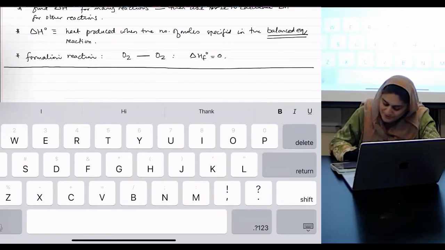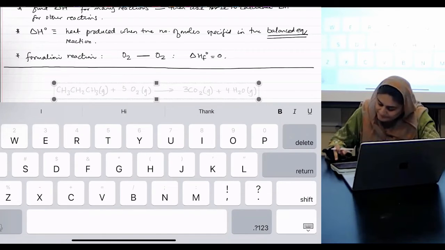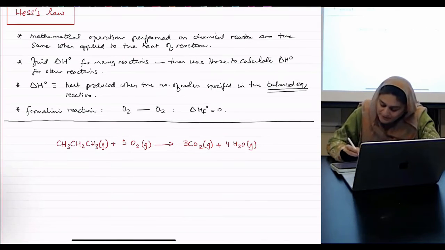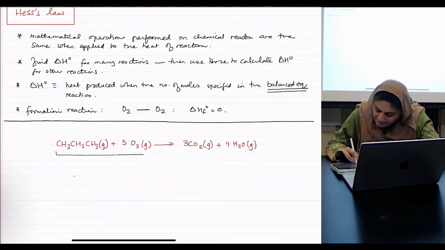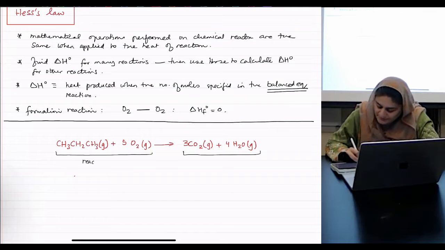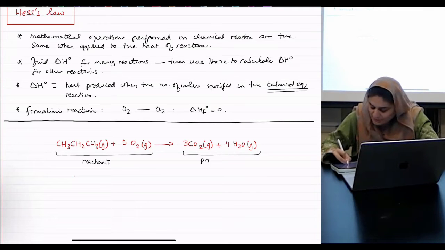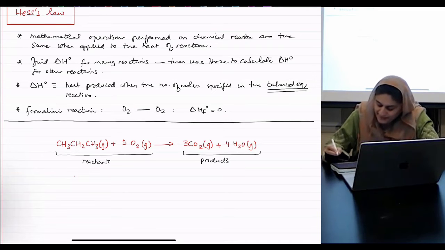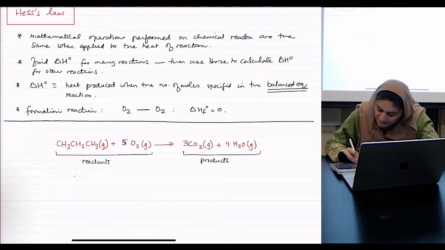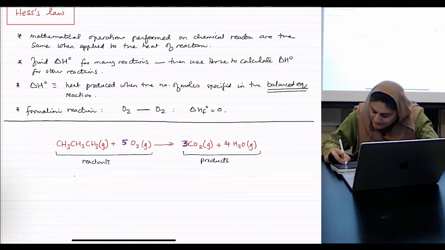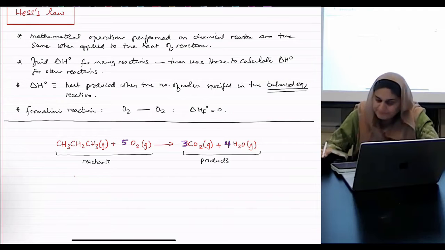For non-chemistry people, these are called reactants, and these are called products. And how did we balance these? 5 O2, 3 carbon dioxide, and 4 water.